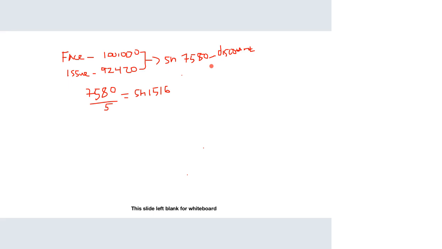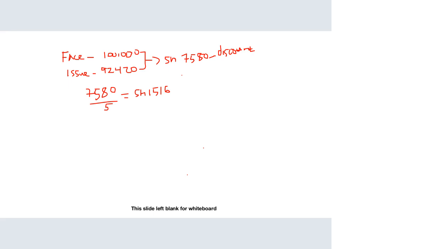Now, at the end of the first year, we can go back to our problem there to find the interest that is payable. Remember that the annual coupon is 8%, so we can get the interest per year.